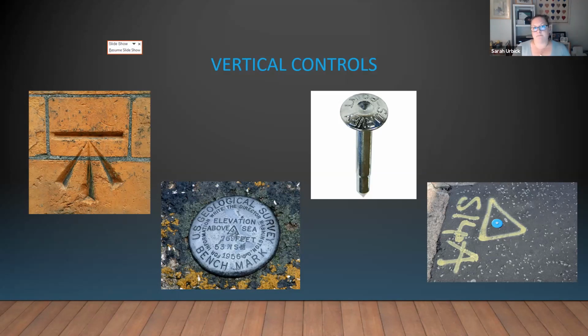And that's what that pin would be. They're also called PK nails. And you see here in the asphalt, in this last picture, this is actually in Dublin, Ireland, and that's a temporary marker as well. So they're using that as their benchmark for that project.